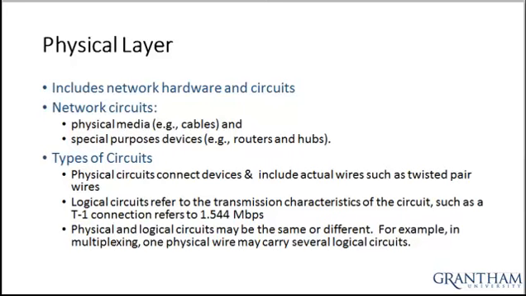Often each physical circuit is also a logical circuit, but as you will see in chapter 2 of your text, there are different ways the data can actually be transmitted. You have multiplexing, for example, as one method of transmitting the data.